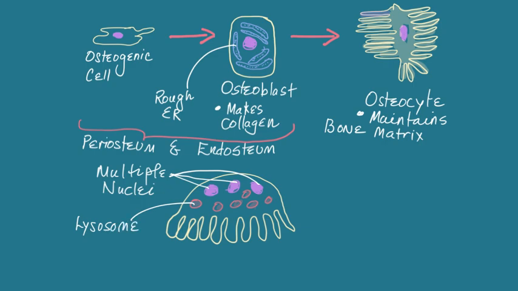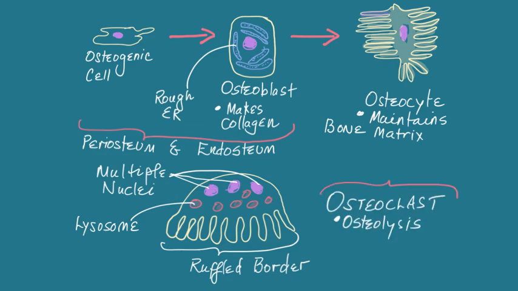The lysosomes are very prominent because the function of the osteoclast is to break down bone via osteolysis. And the ruffled border that is shown here is where the bone resorption takes place. Bone resorption means breakdown of bone and release of calcium. So that is the function of the osteoclast. The osteoclast is found on the surface of the bone matrix.